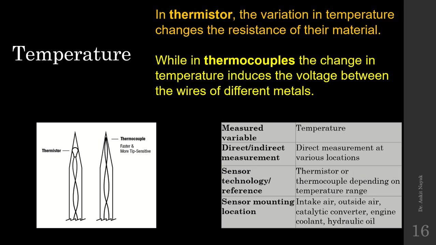By measuring this voltage we can correlate this voltage with the temperature, and in this way we can measure the temperature of any body. The temperature measurement basically depends on the zeroth law of thermodynamics.